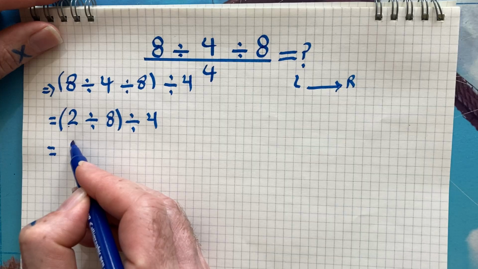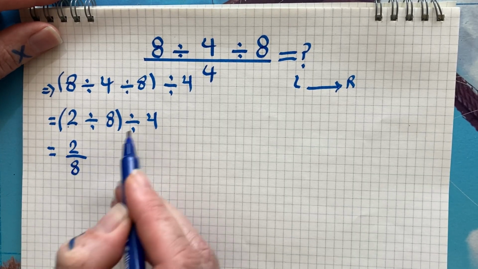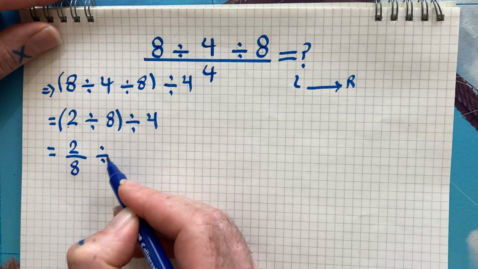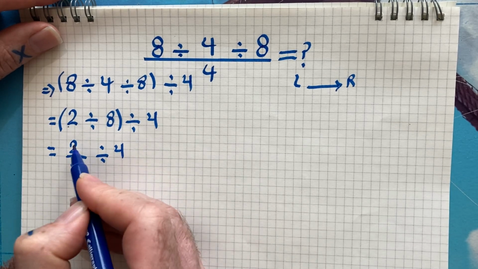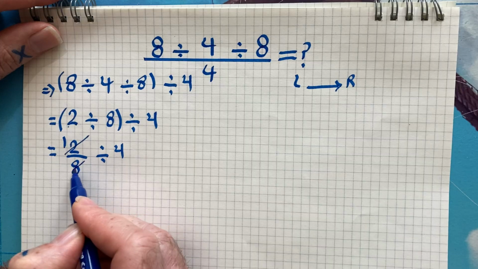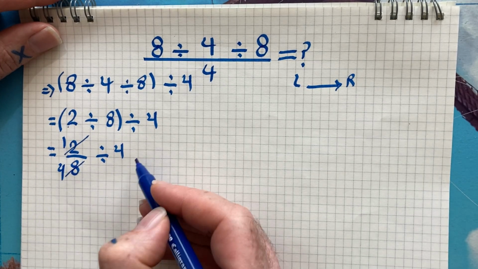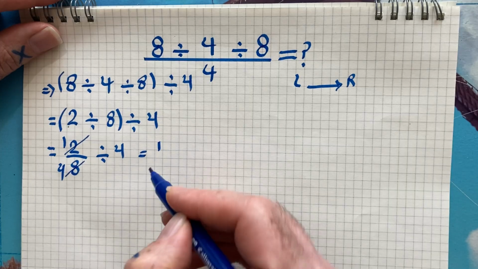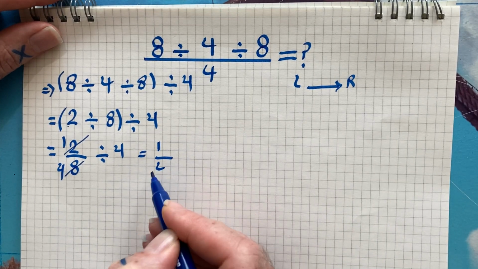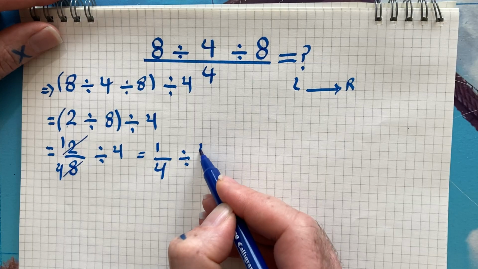It can be written in the form of a fraction. So 2 over 8 divided by this 4. This 2 divided by 2 is gonna be 1. This 8 divided by 2 is gonna be 4. So it is gonna be 1 over 4 divided by this 4.